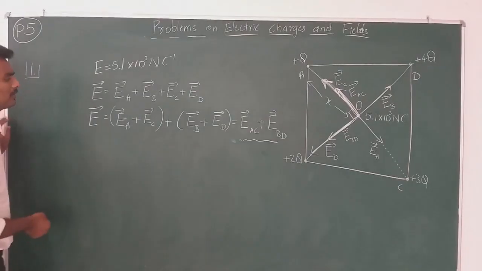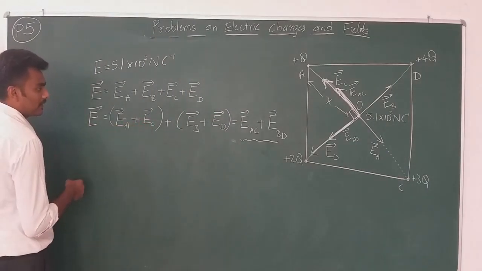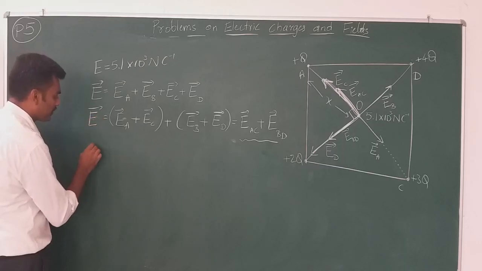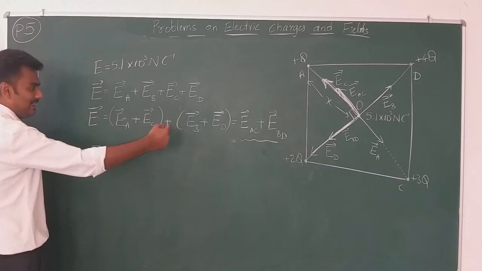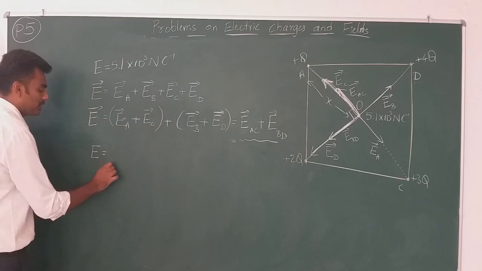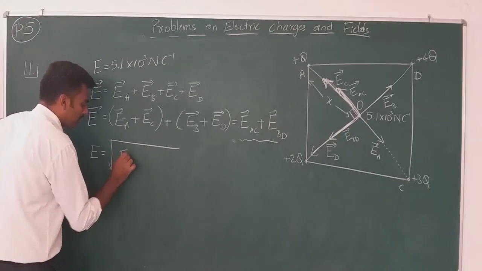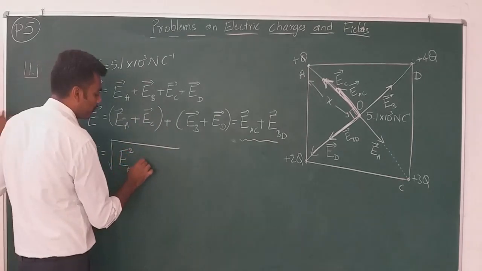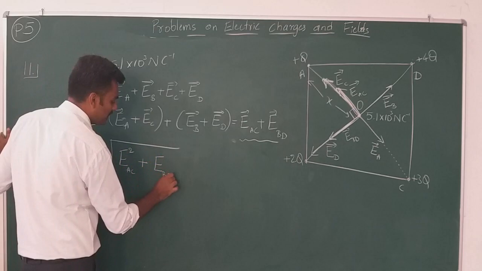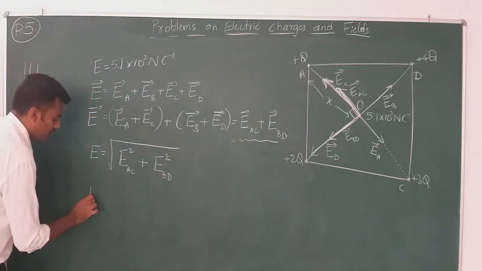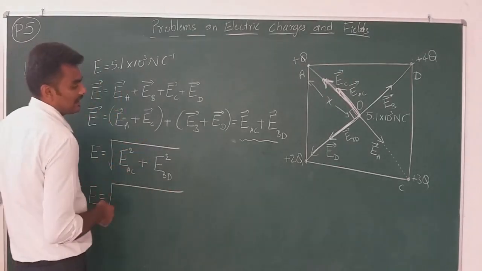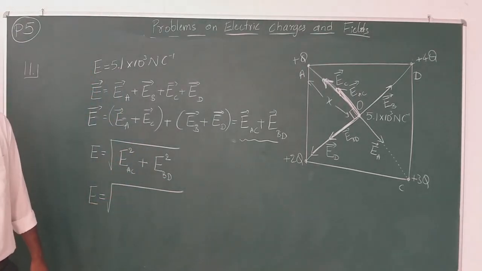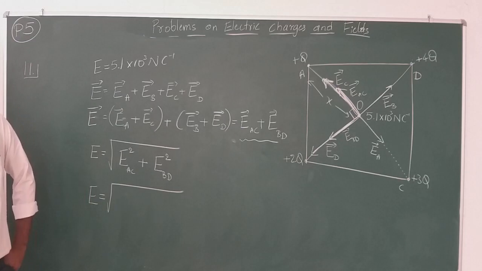Now, the magnitude of the net electric field E, since EAC and EBD are perpendicular to each other, I can write as root of EAC squared plus EBD squared, which gives me E is equal to root of, what is EAC, which we have already found, the value of EAC was 9 into 10 to the power of 9, 2q by x squared.